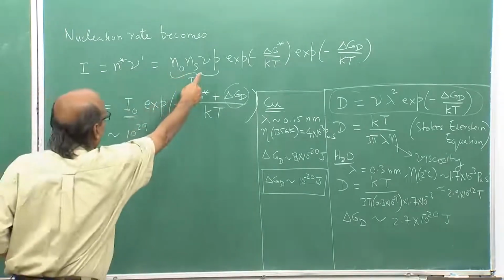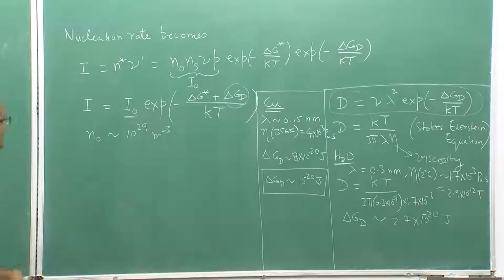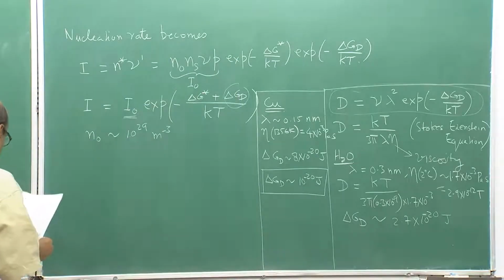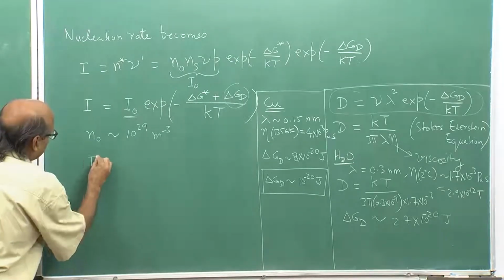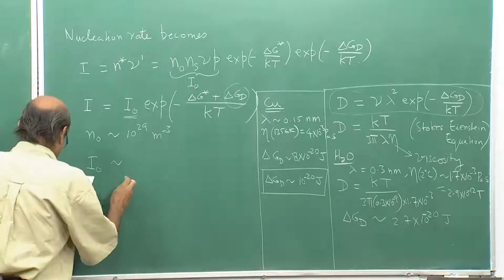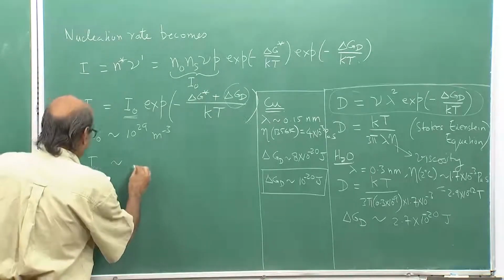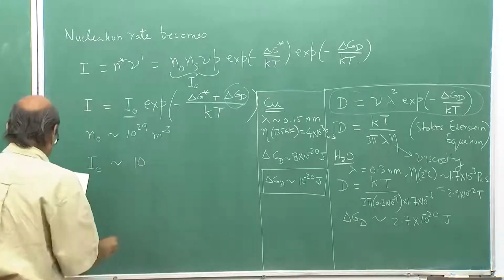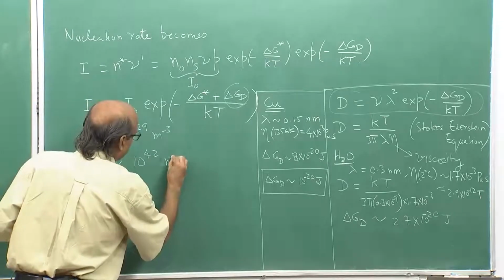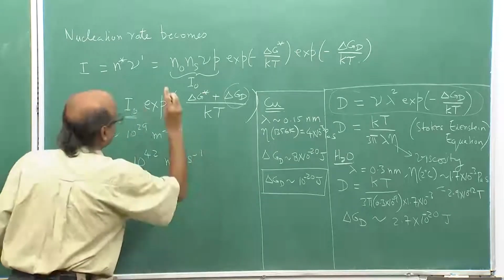Nu we already know can be taken as 10 to power 13 per second. If I take all of these terms together, a good enough estimate for I naught is 10 to power 42 per meter cube per second.